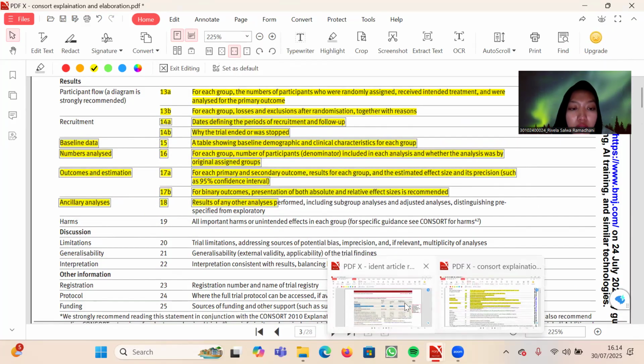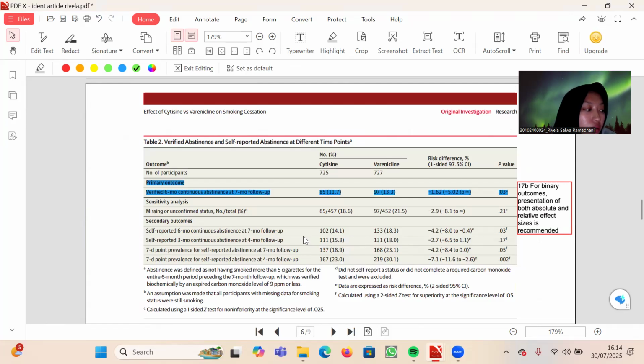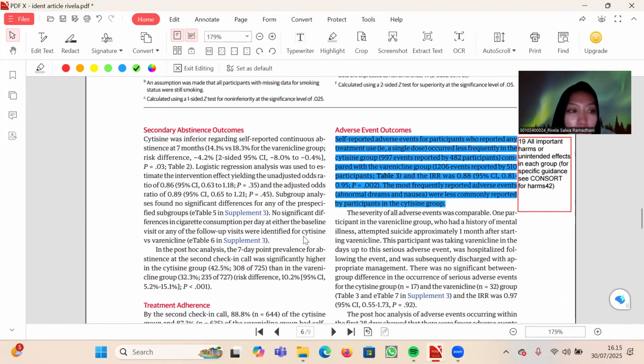And next for item 19, harms. Adverse events were less common in the cytisine group. They support the authors' hypothesis about better tolerability.